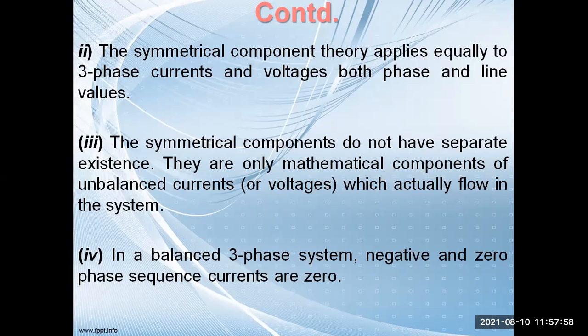Now, third is that the symmetrical components do not have separate existence. They are only mathematical components of unbalanced currents or voltages which actually flow in the system. We need to understand that there is no physical existence of these symmetrical component voltages and currents in the system.